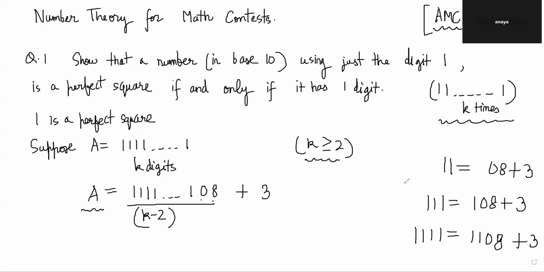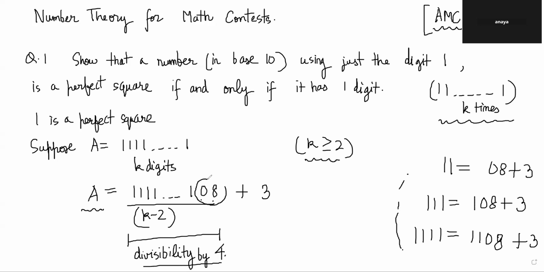So when you write it like this, you should realize that the first number on the right side, can you check its divisibility by 4? What is the divisibility rule for 4? The last two digits must be divisible by 4.